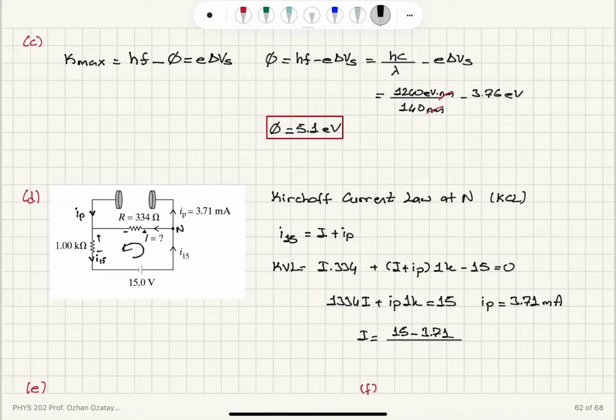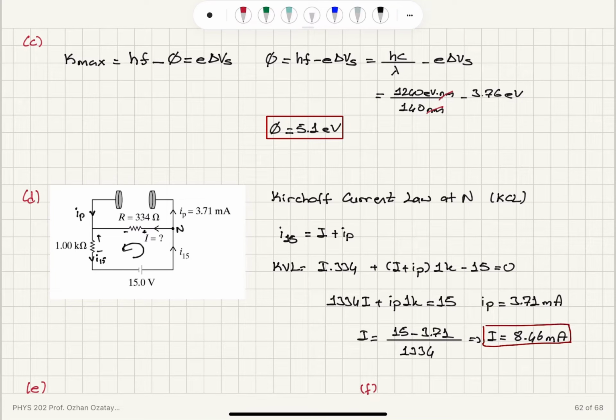So basically, I will be left with volts here. So this will be IP, 3.71 milliamps, times 1K, that gives me 3.71 volts. 15 minus 3.71 divided by the resistance 1334 ohms. This gives me, for the current I that flows in this branch, 8.46 milliamps.